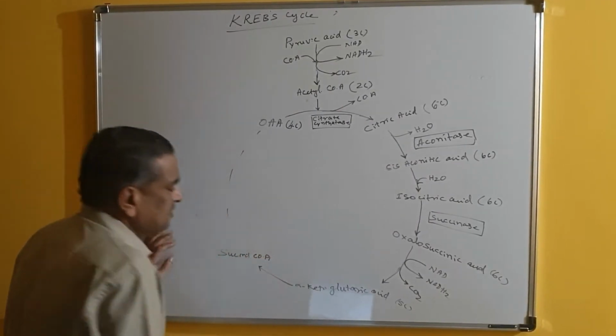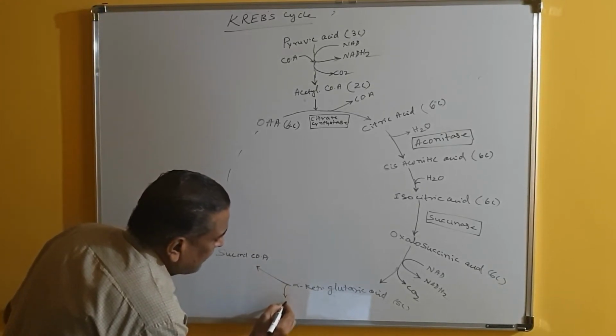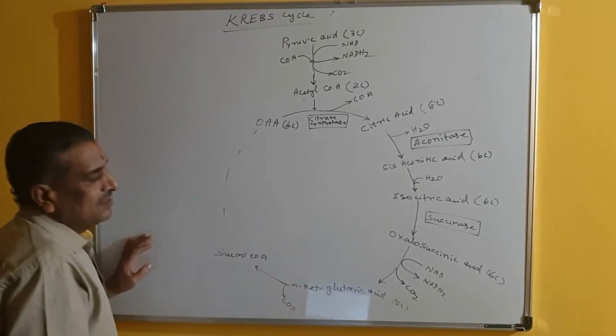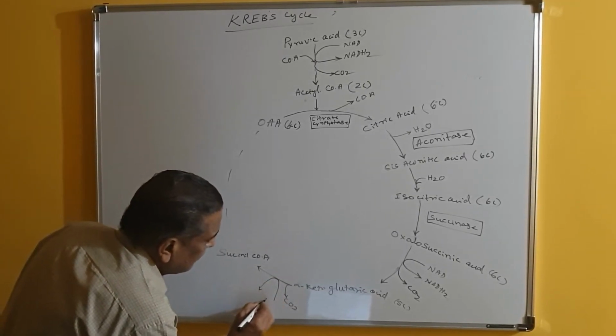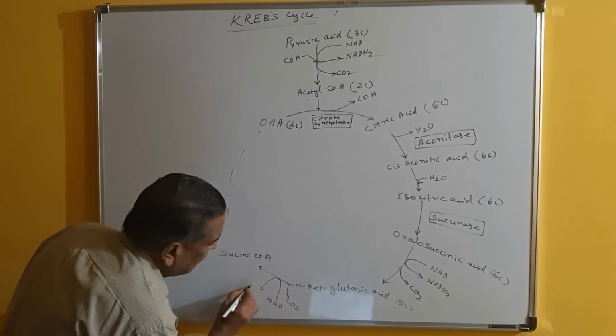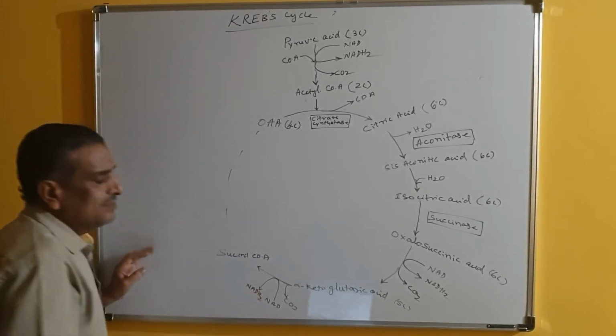And alpha ketoglutaric acid is then converted into one more compound known as succinyl coenzyme A. Here one molecule of carbon dioxide is liberated once again, NAD is taken, and NADH2 is liberated.